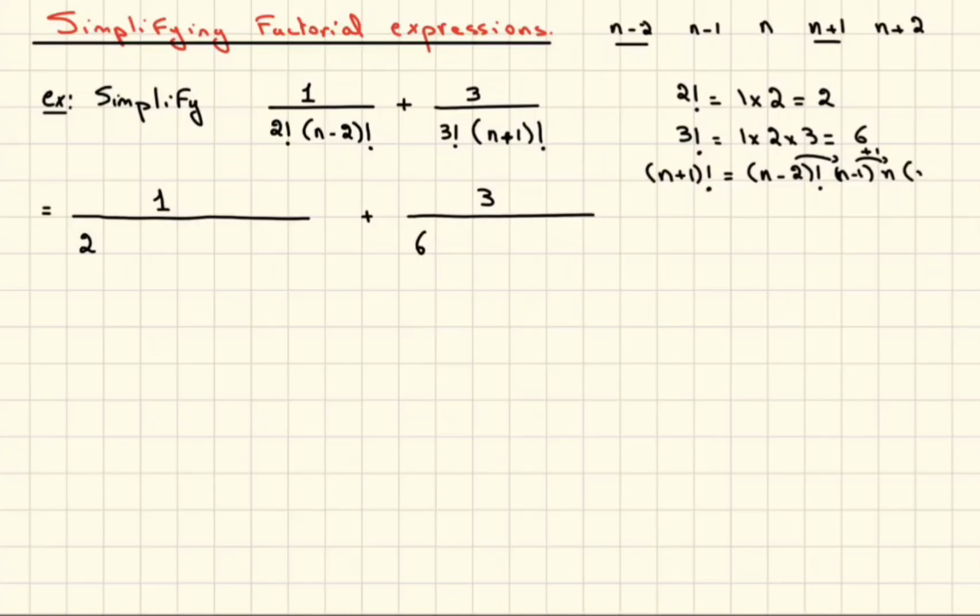We add 1 more and we get n plus 1. Once I reach n plus 1, I stop. So the n plus 1 factorial, I'm going to rewrite in this way: n minus 2 factorial multiplied by n minus 1 multiplied by n multiplied by n plus 1. Now this n minus 2 factorial stays the same.